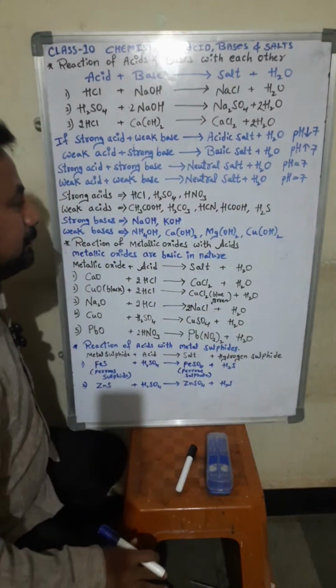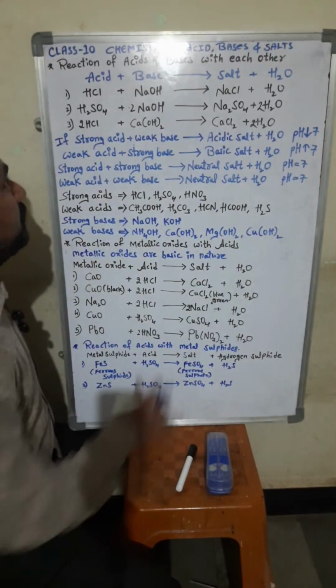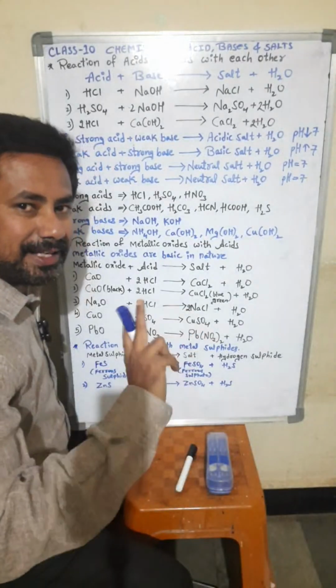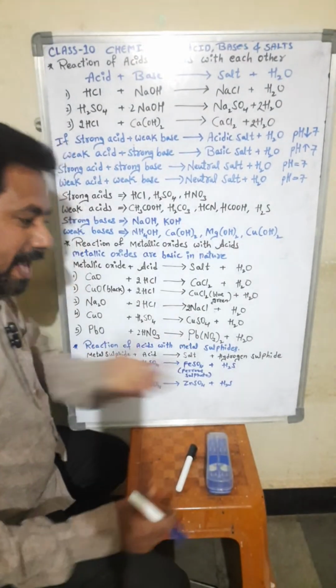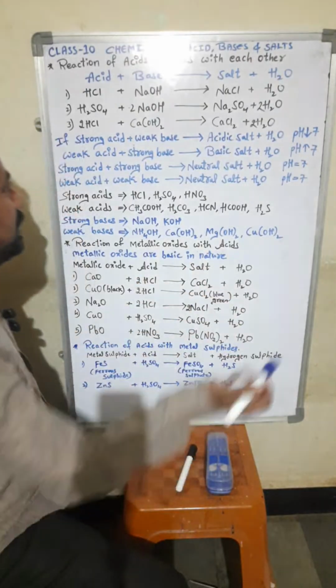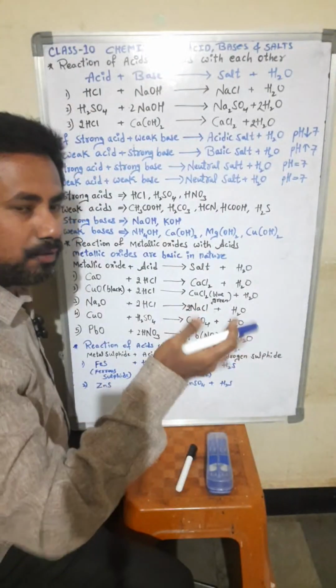Okay, students. So in today's session we are going to study about reaction of acids and bases with each other. When acid and base combine, what happens? And the next thing is, when we add a strong acid and a weak acid, what happens?